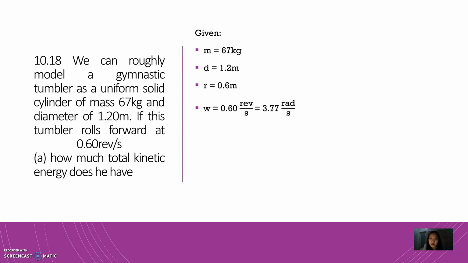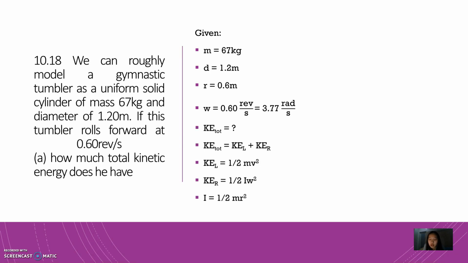You're given the mass of 67 kg, diameter of 1.2 meter, divided by 2, you'll get its radius of 0.6 meters. Your angular velocity of 0.6 revolution per second, you have to convert it into radians per second by multiplying it by 2 pi, and you'll get 0.77 radians per second.